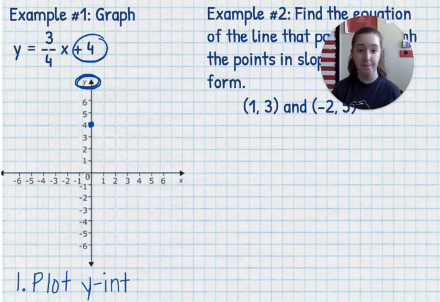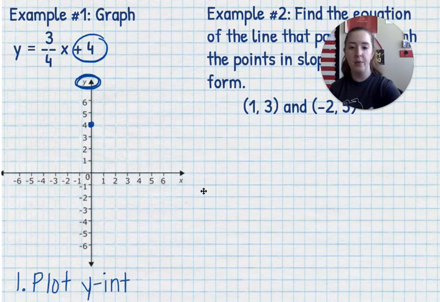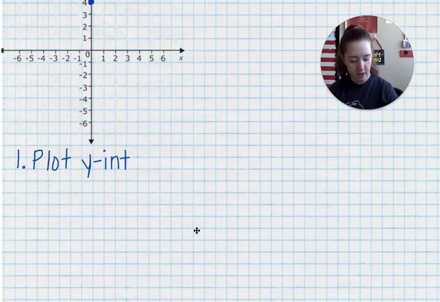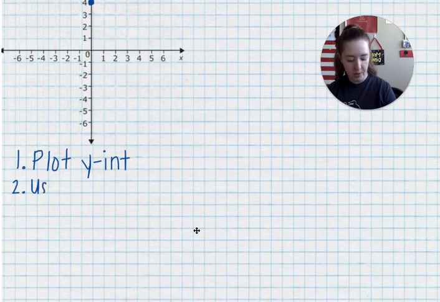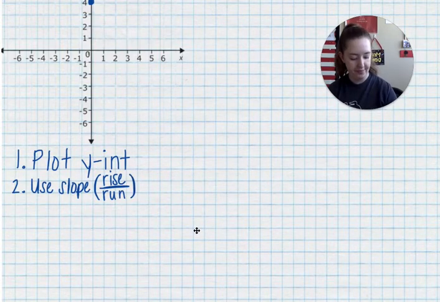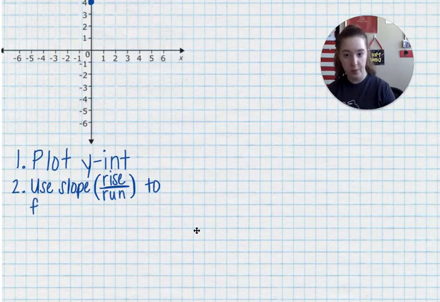The second thing we're going to do, I'm going to scroll down a little bit so that way I can write this down. The second thing we're going to do is we're going to use slope. And remember, slope is rise over run, to find more points.